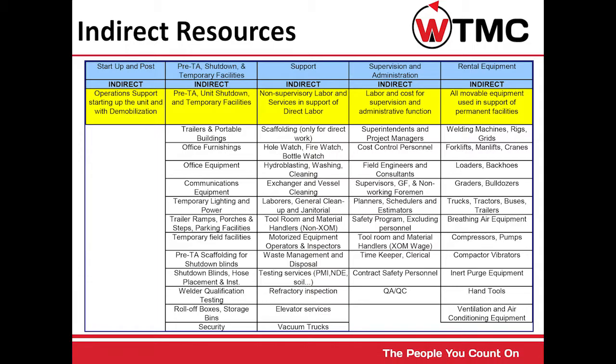In the third column, there are support activities. In the fourth column, there are supervision and administration resources. And in the last column, there are rental equipment resources. All of these are examples of indirect resources.